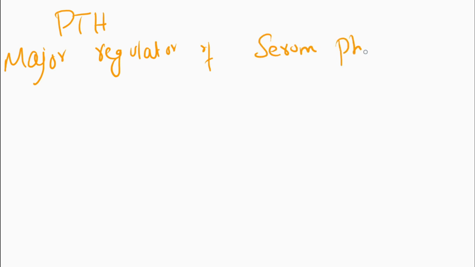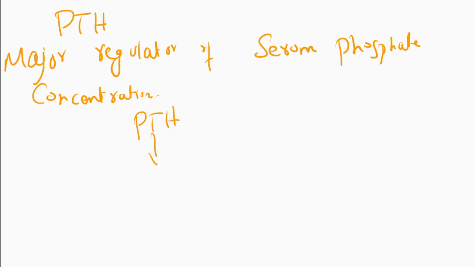Parathyroid hormones are a major regulator of serum phosphate concentration. Parathyroid hormones act on kidneys and regulate phosphate concentration.